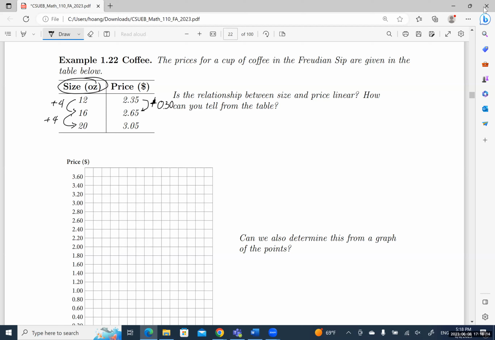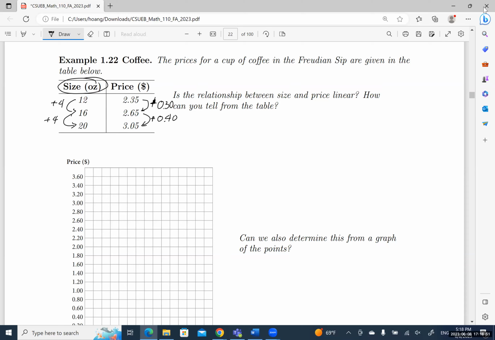Then you move to the next level, and you know that from 2.65, you're adding 0.4, 40 cents.